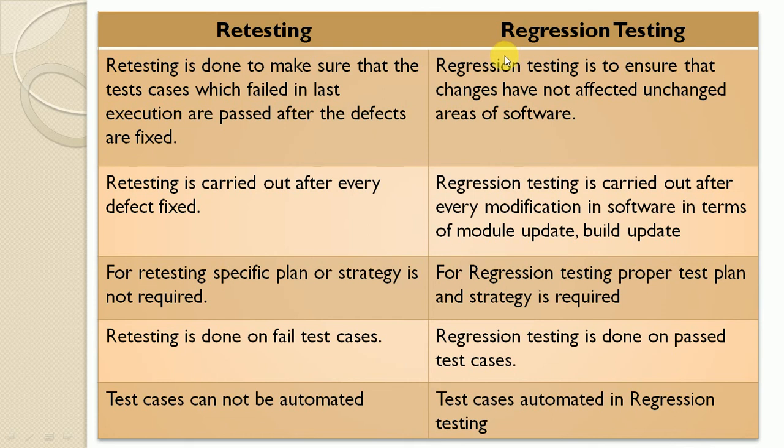We cannot automate test cases in sanity; automation is not possible for sanity test cases. But for regression, automation is possible, and we generally follow automation testing to conduct regression testing. We collect the test cases which we need to automate for regression testing, and after any update in the software, we can go for regression testing.